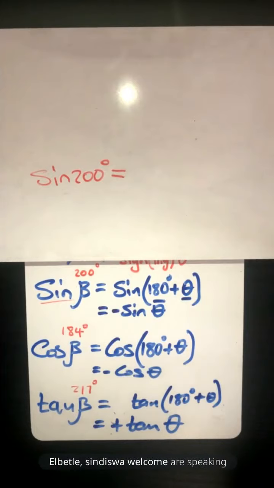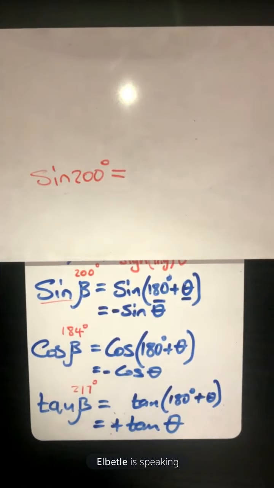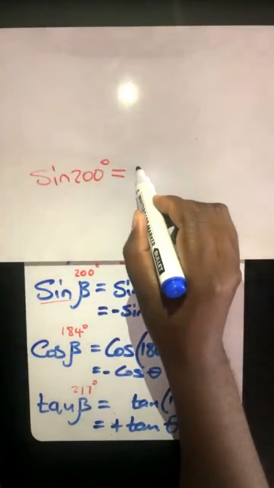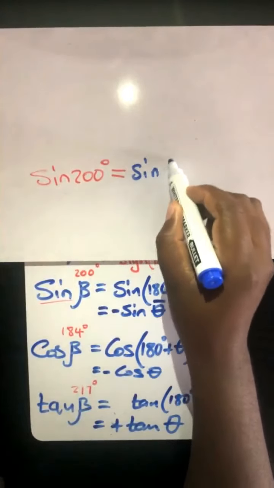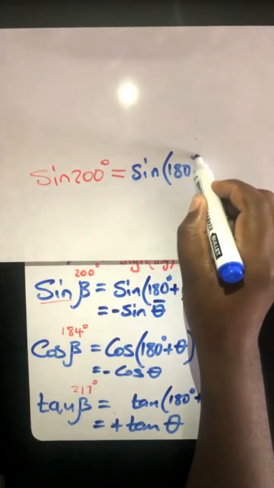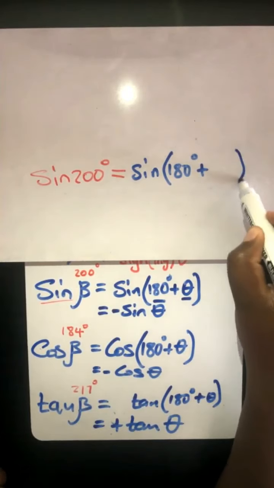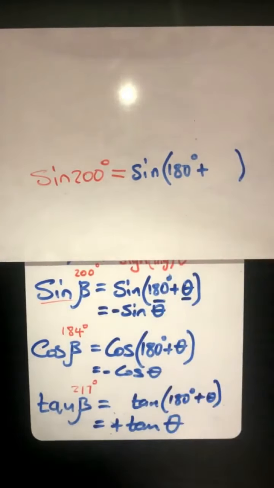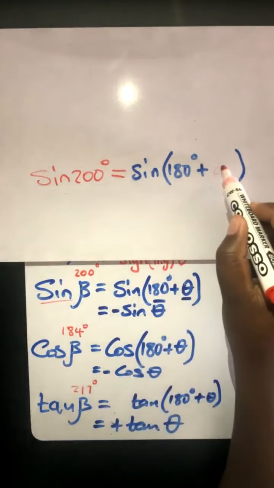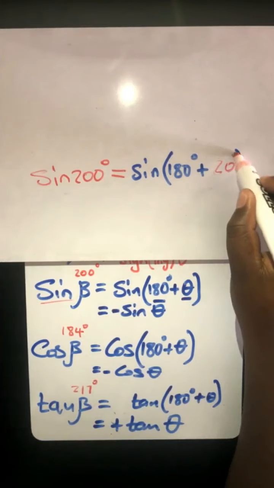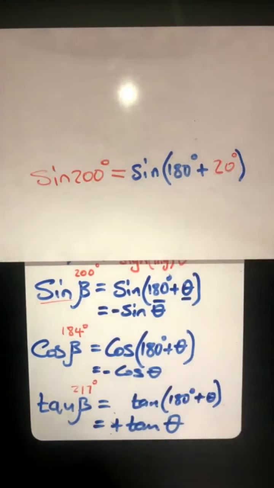Yes. And you said sine 200 degrees is the same as sine of 180 degrees plus a certain angle. What is that certain angle, guys? Plus 20. So you said that angle is 20 degrees.